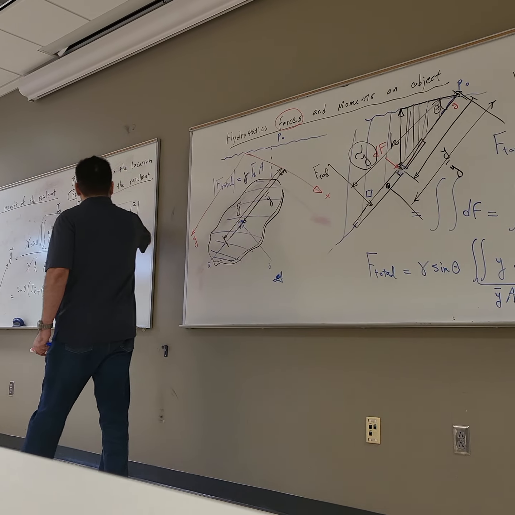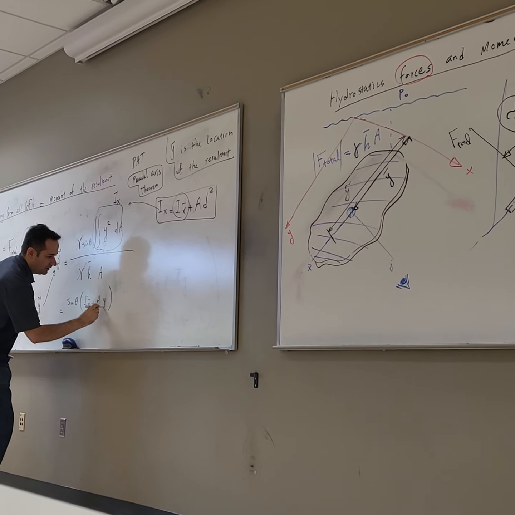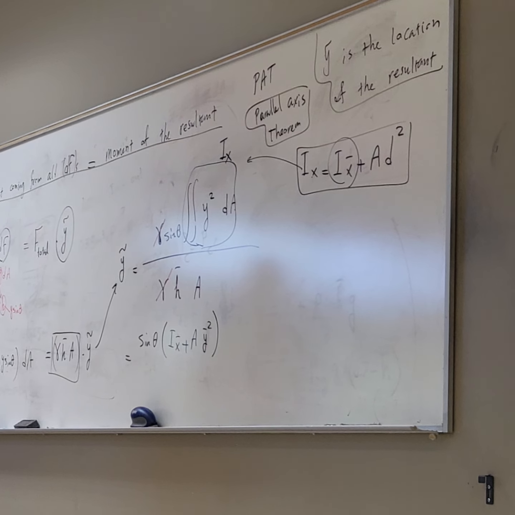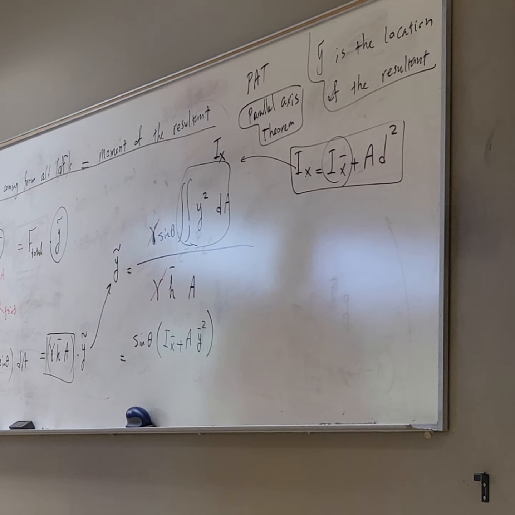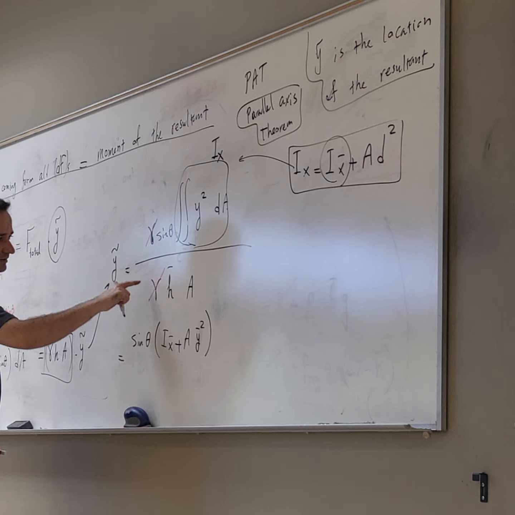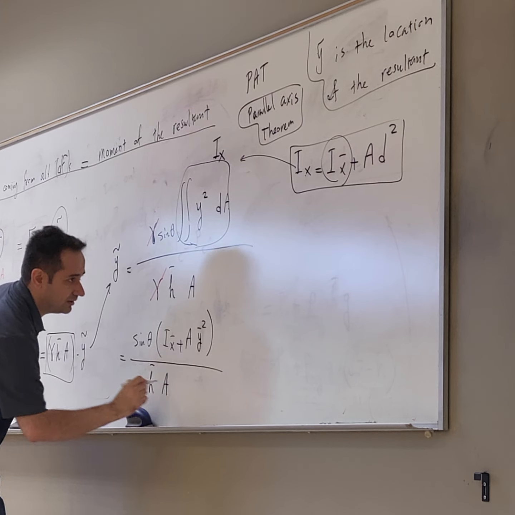So that's going to be y bar squared. So instead of d squared, I just say y bar squared. So Ix bar plus A times y bar squared, times sine theta, divided by h bar times A.